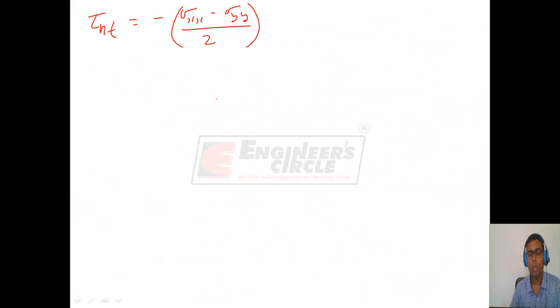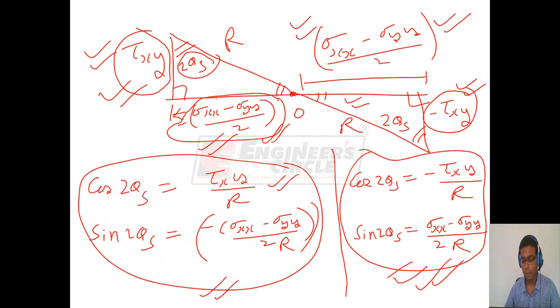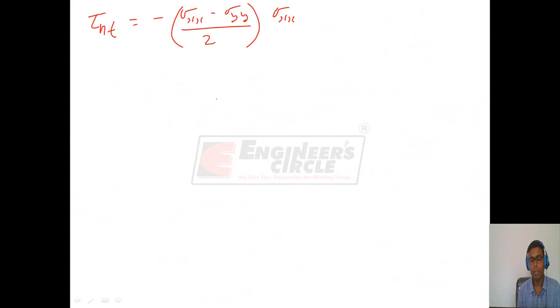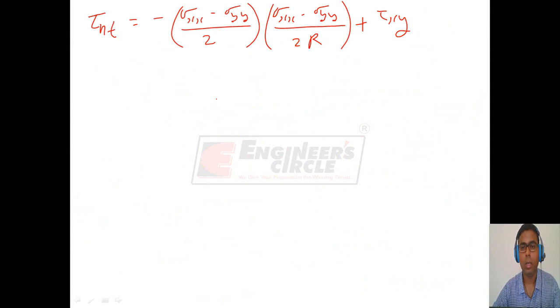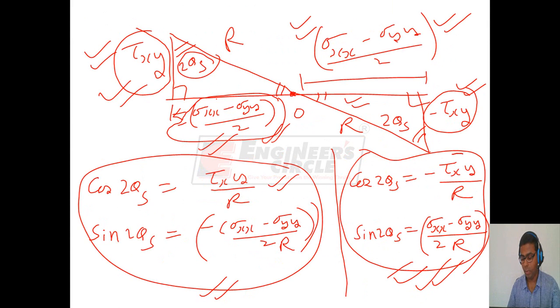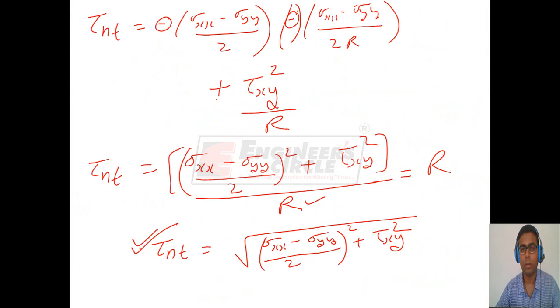We get tau nt equal to minus (sigma xx minus sigma yy) by 2 into sin 2 theta, and sin 2 theta will be taken from here, which is (sigma xx minus sigma yy) by 2r, plus tau xy cos 2 theta, and cos 2 theta again can be taken from here, which is minus tau xy upon r.